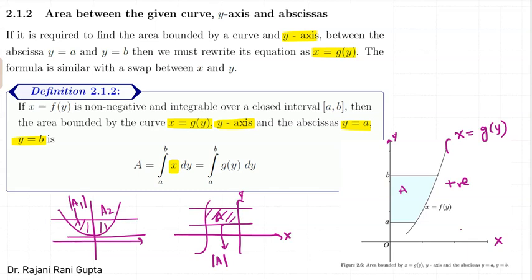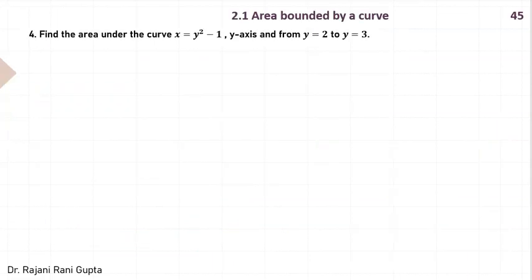Okay, let's do one question to understand. So suppose your given curve is x is equal to y square minus 1, y-axis, y from 2 to 3. So in this case, your area will be, since the value of x is given, integral from A to B, this is your A and B, of x dy. This is the rule.